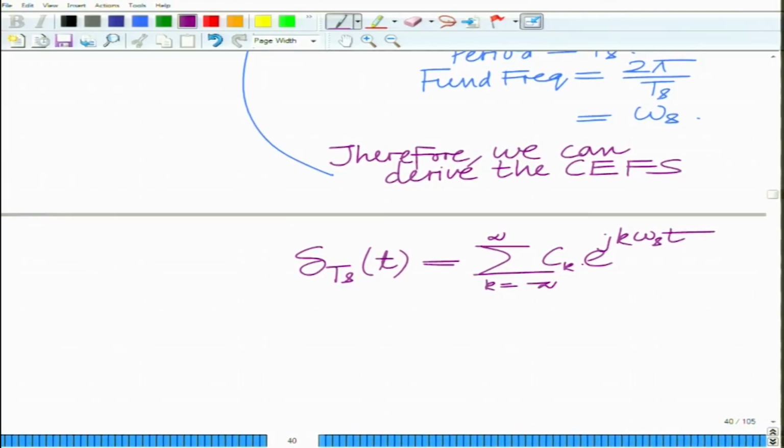That is basically a combination of an infinite number of sinusoids, harmonics at multiples of the fundamental frequency, that is k omega s. And we can derive these coefficients C k of the complex exponential Fourier series, and from that one can derive the resulting spectrum of the sampled signal.